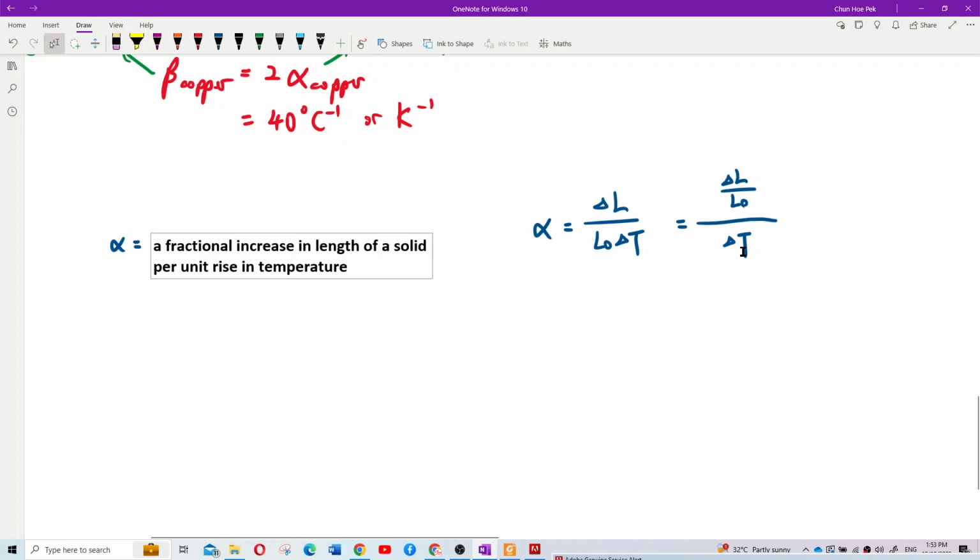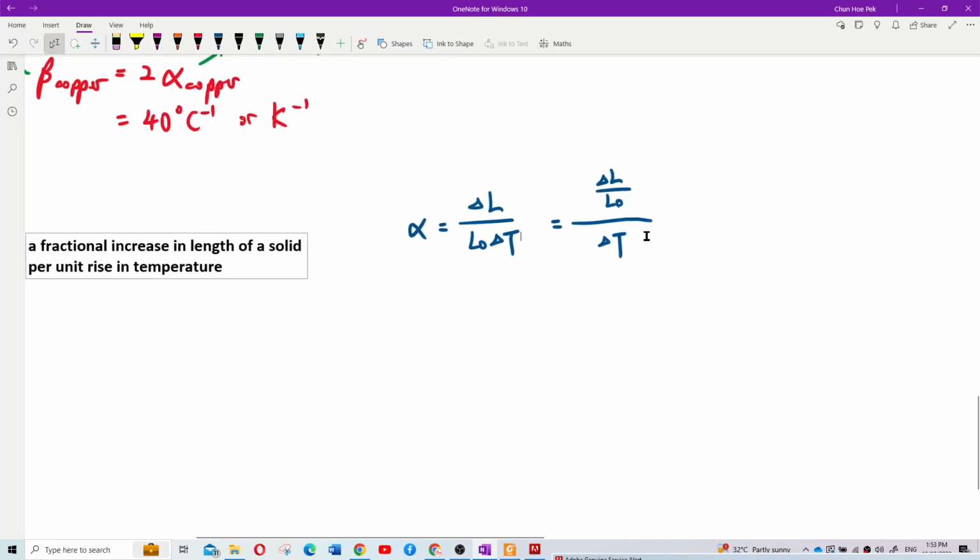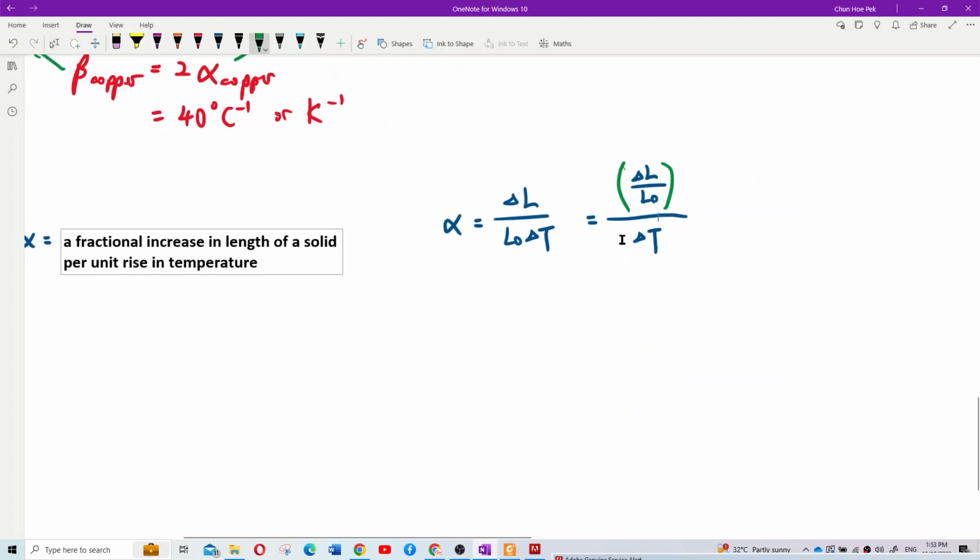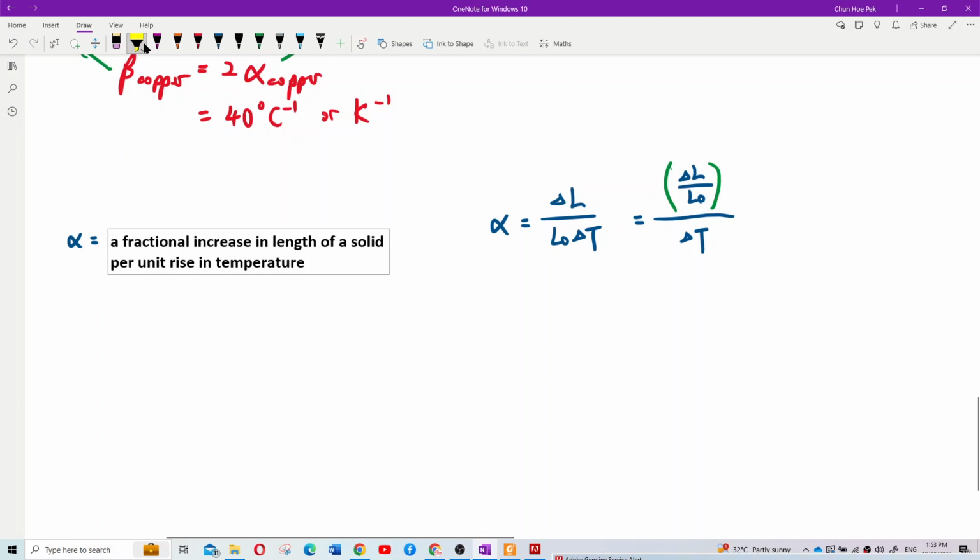So the top here is called the fractional change. You see the top here, this is actually a fraction. You see the words here: fractional increase in length per rise in temperature.